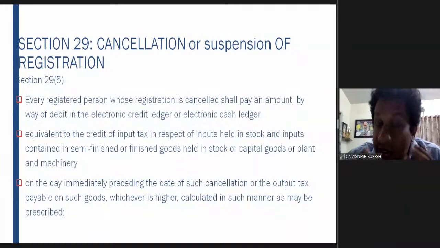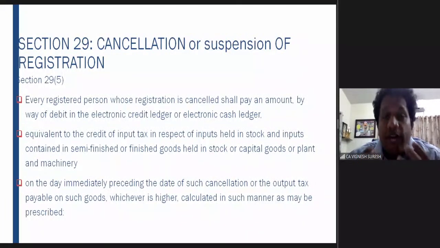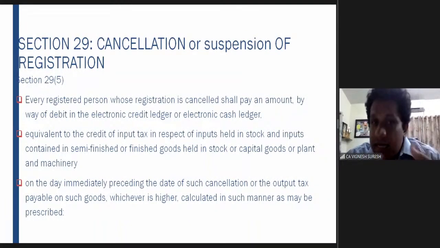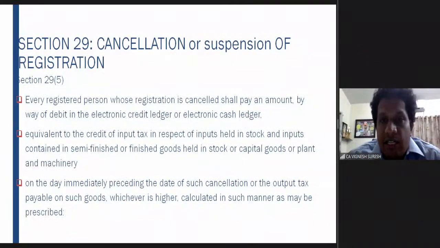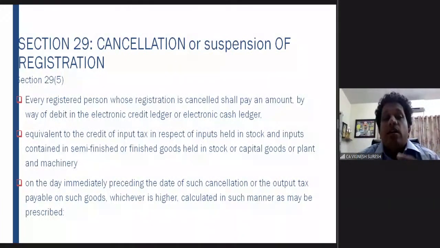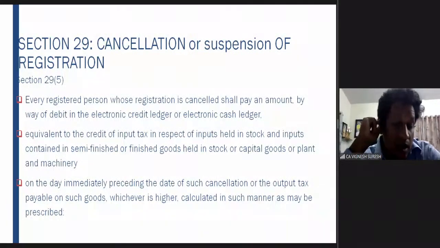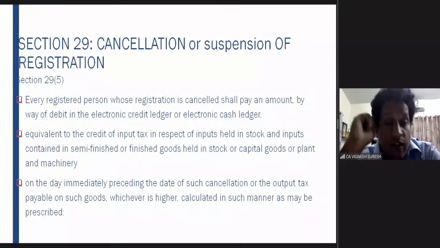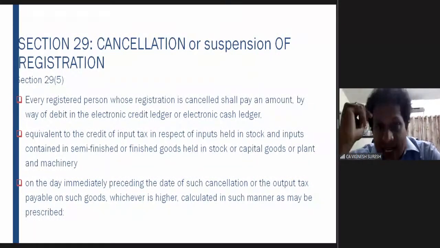All these inputs you have taken when you purchased the capital goods or the respective material, and it is sitting in your electronic credit ledger. Sometimes you may have utilized the credit, but you may still have the stock. So here the government says every person whose registration is cancelled shall pay an amount by way of a debit in the credit ledger or cash ledger.